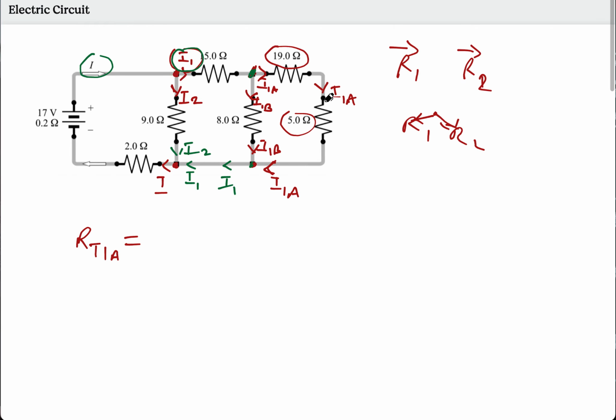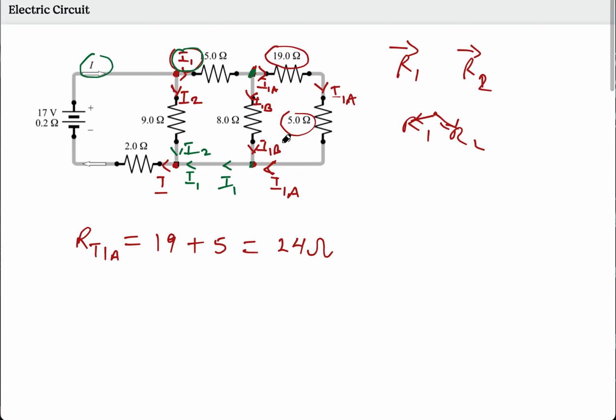What I mean by that is the total resistance for the I1A, and since they are in series connection, we add them, and that is going to be 19 plus 5. So 19 plus 5 is 24. So that's 24 ohms for the I1A.